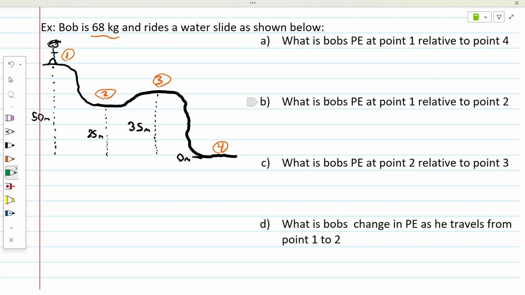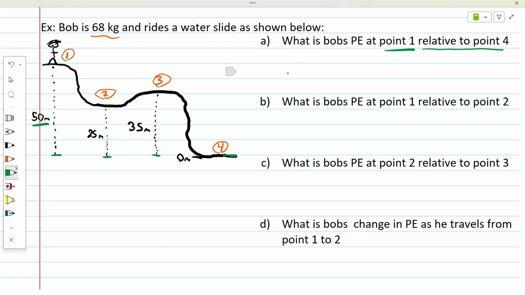So we want to know, in this first part, what is Bob's potential energy at point 1 relative to point 4? So when it says relative to point 4, we're going to make point 4 the reference point where the potential energy equals 0. So that means we can base our height off this reference point at point 4. So we know that our height now is just going to be this 50 meters, because this 50 meters is from this bottom reference point.